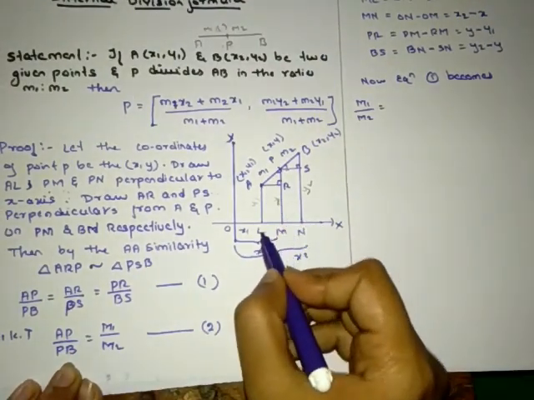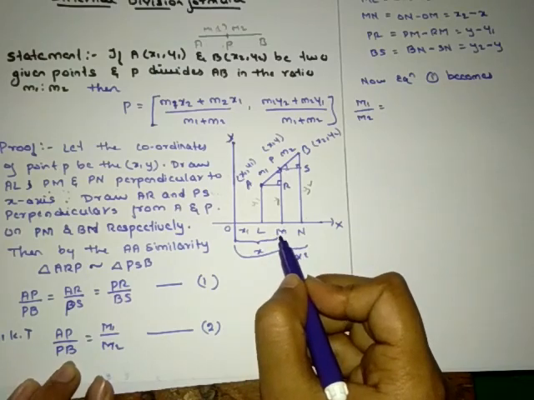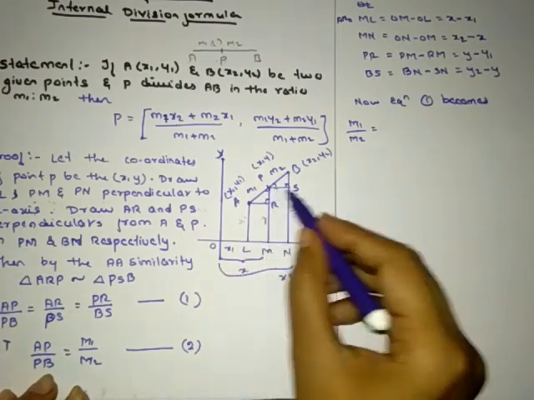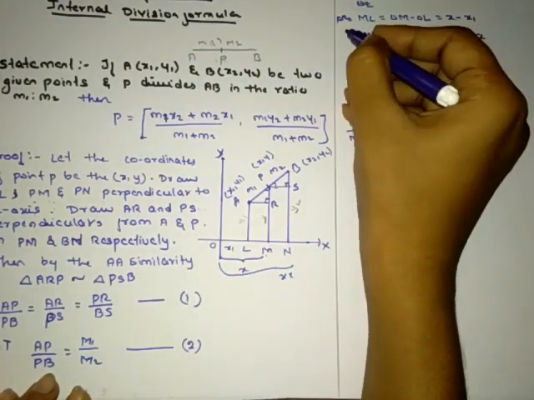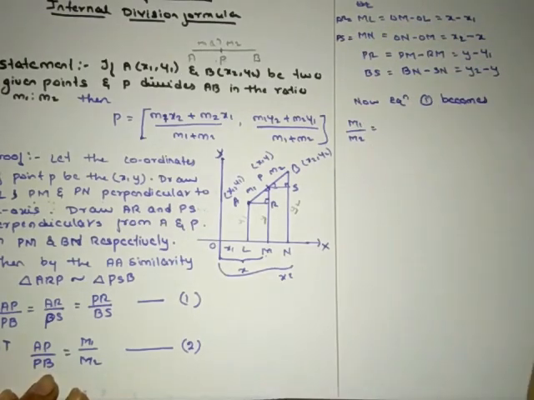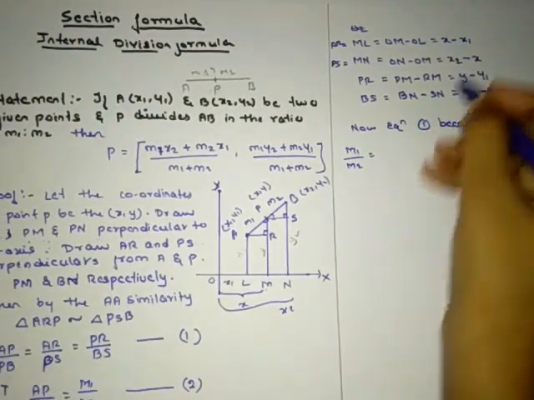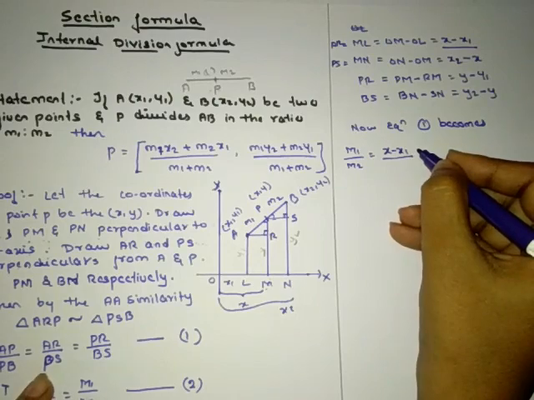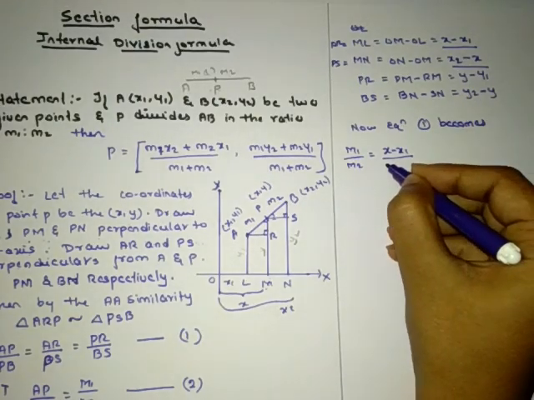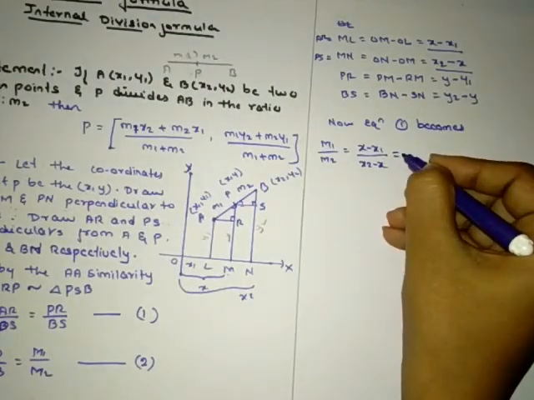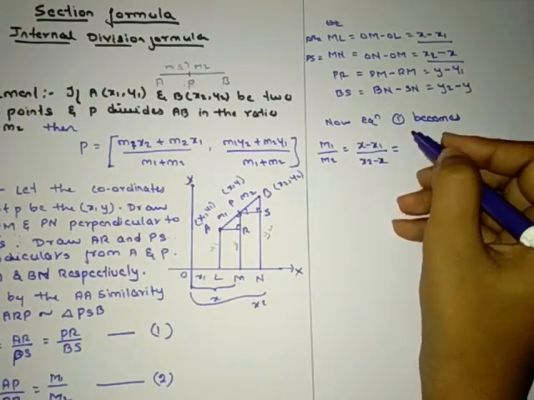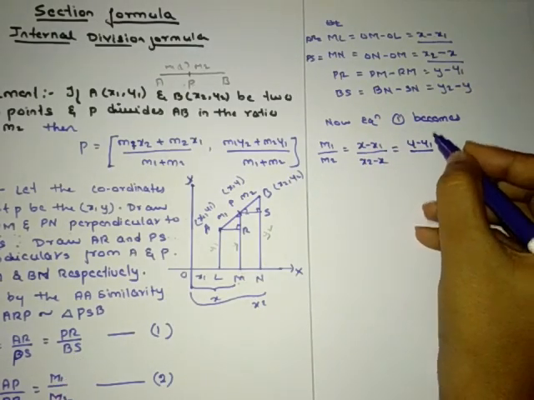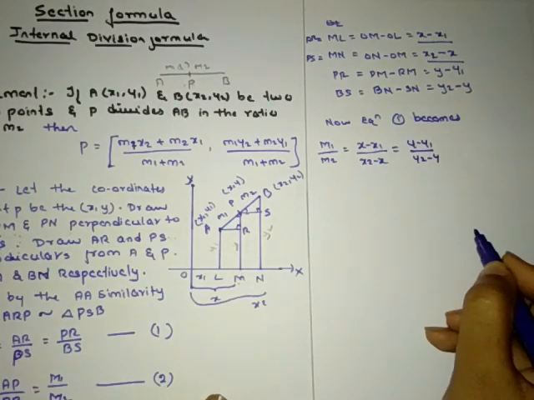AR is equal to the length of LM, so LM is nothing but the AR value. And similarly the PS value will be equal to the length of MN. So we'll substitute here. AR means x minus x1 divided by PS, PS means x2 minus x, which is equal to PR, again PR means y minus y1 divided by BS, BS means y2 minus y.